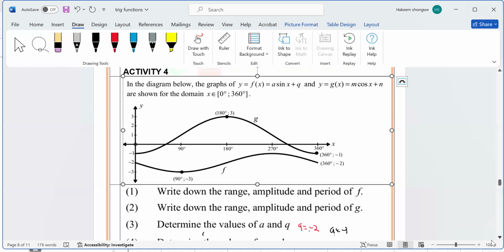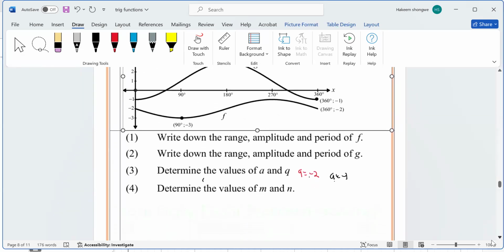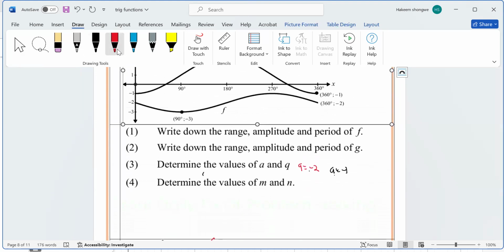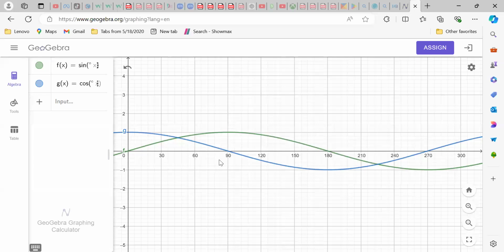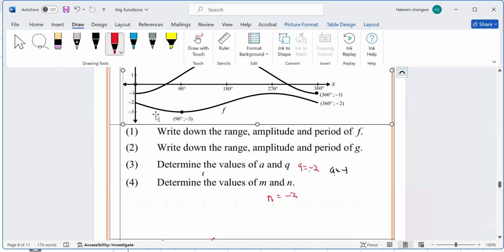So n, the one that has to do with the shift, n is going to be equal to -2. Now, let's look at the original cos graph. Which way does it go? It starts at 1, but it goes down. Let's look at ours. Does it go down or up? It started at -1, but it goes up. Meaning we are talking about the opposite.